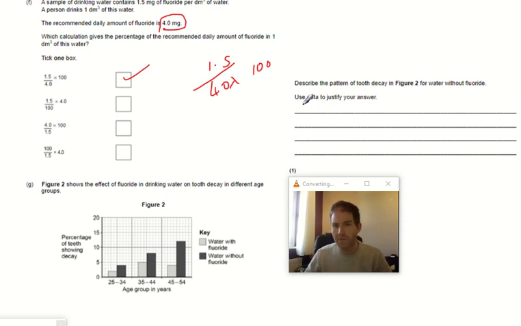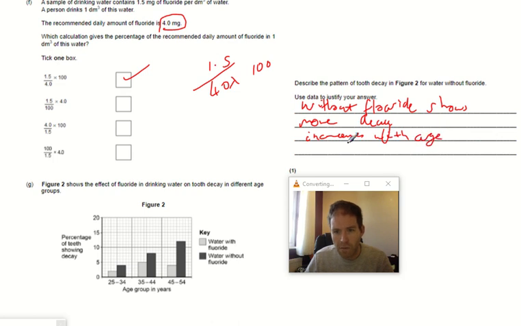So we're saying without fluoride shows more decay, and that increases with age. So for 2 marks, without fluoride shows more decay, and then that increases with age.